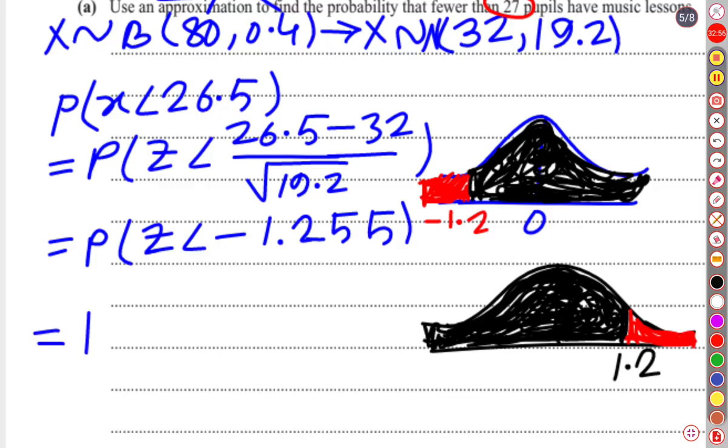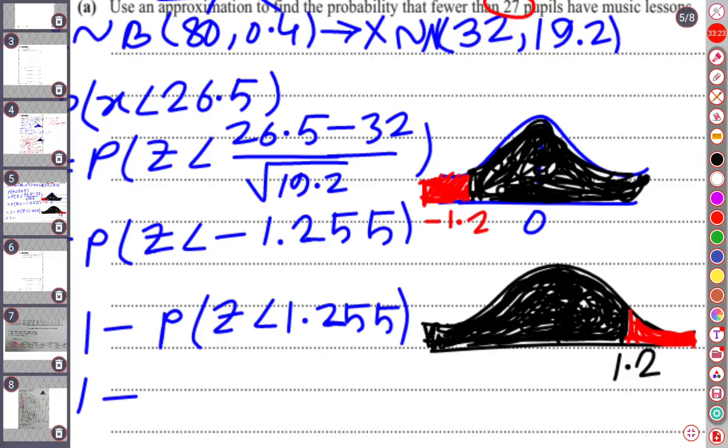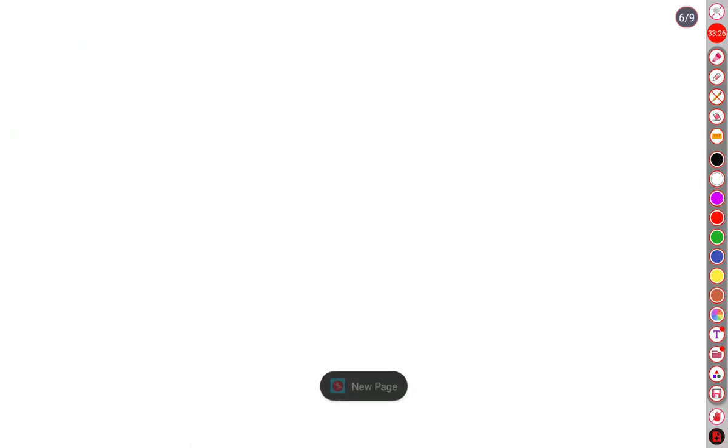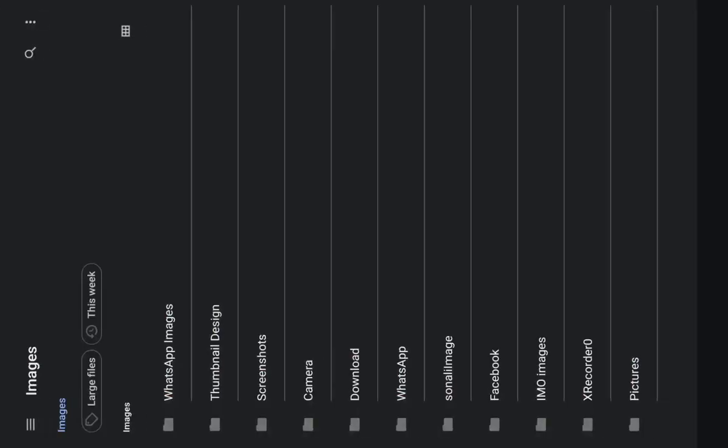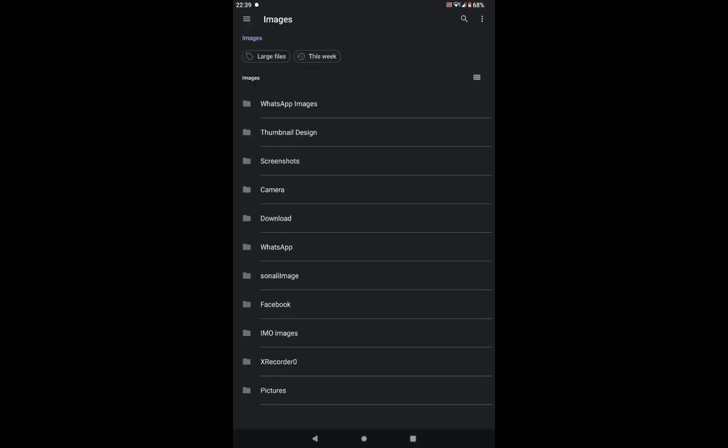The whole probability is 1. From 1, we subtract the probability of z less than 1.255, and it will be exactly the same because the shaded part is the same, as you can see. Now let's see the corresponding probability when the z score is 1.255. Let me go to a new page and find our normal distribution table, the larger one.